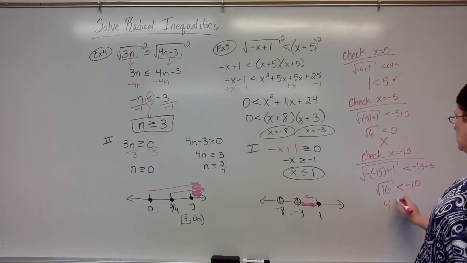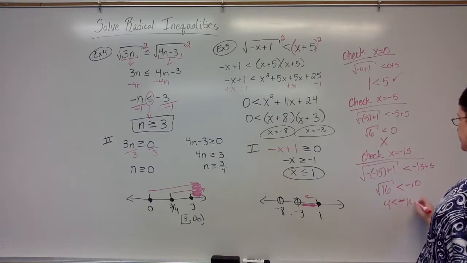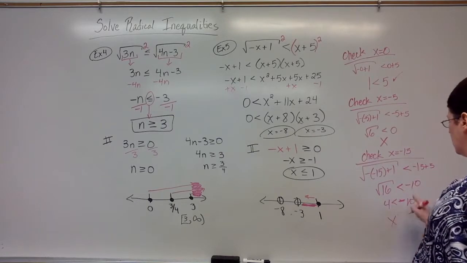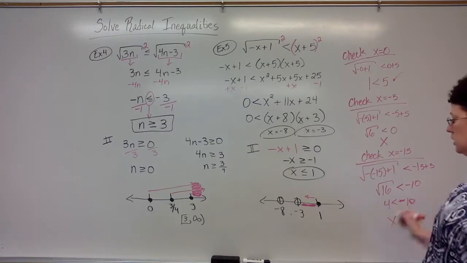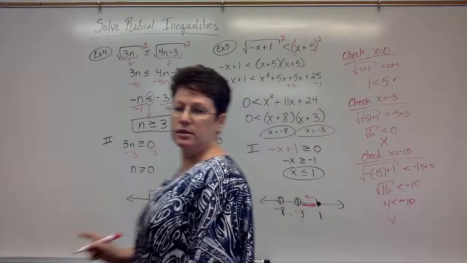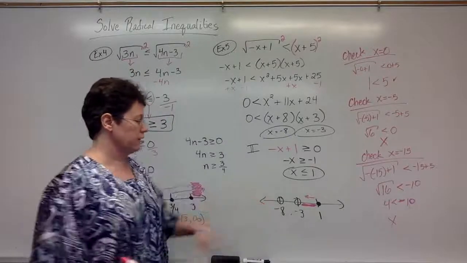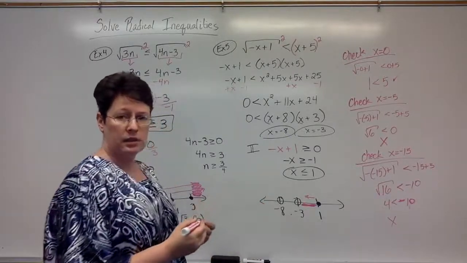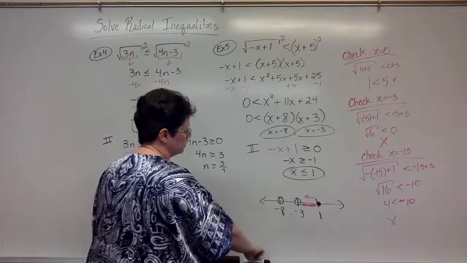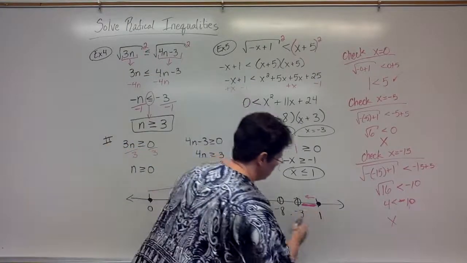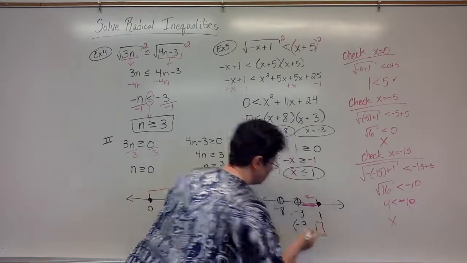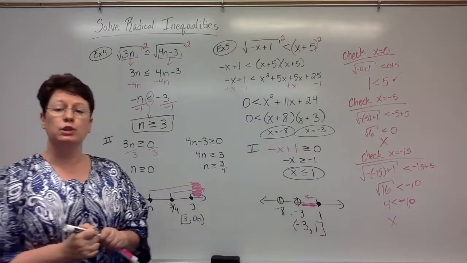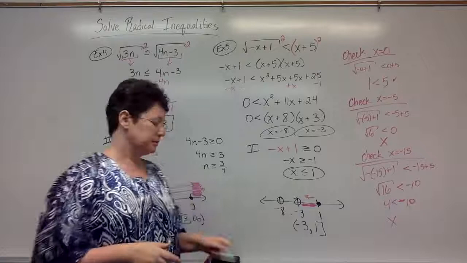So 4 less than negative 10. No. 4 is not less than negative 10. So we don't shade past the negative 8 over here on the left. So the only part that satisfies the inequality is from negative 3 over to 1. We include the 1 and we don't include the 3.